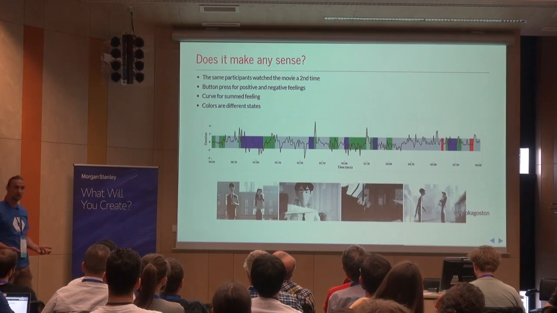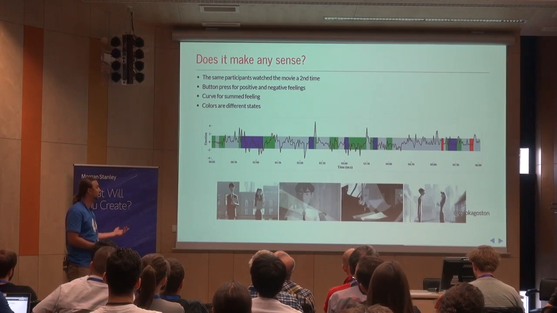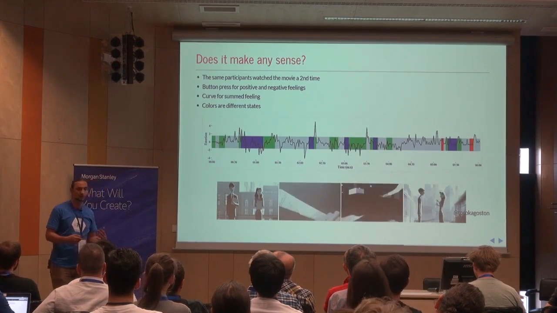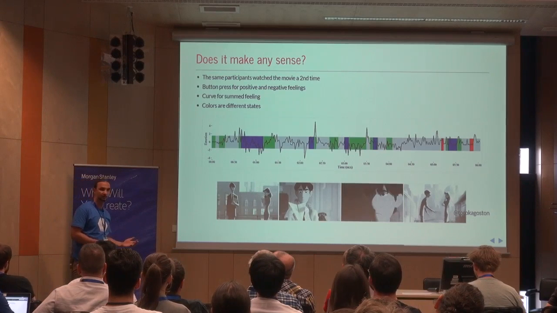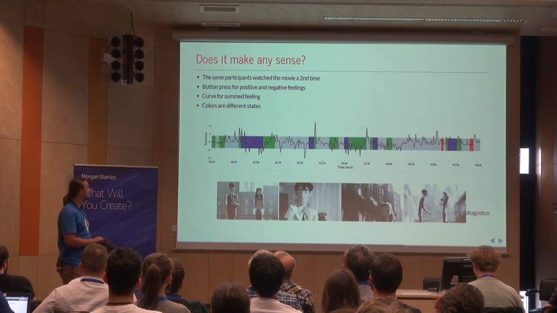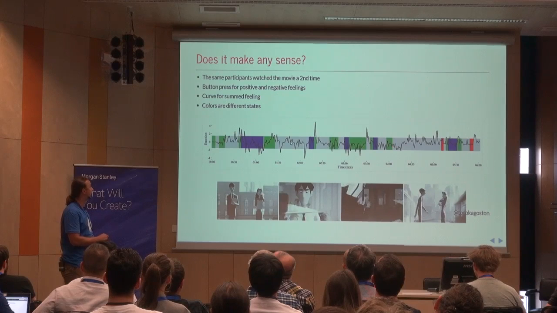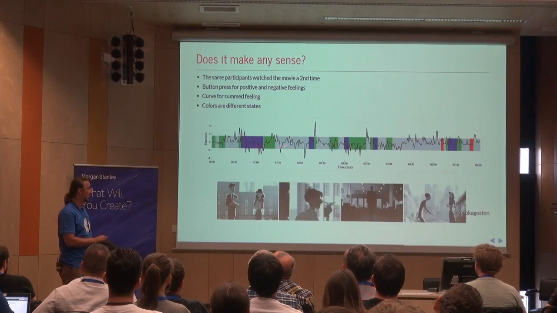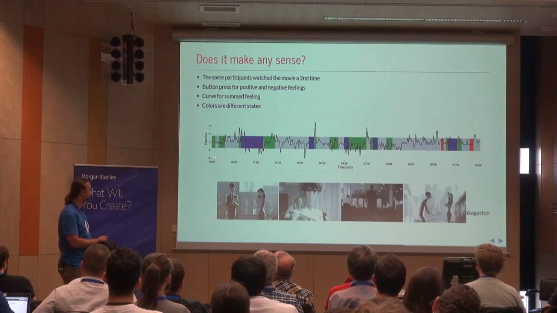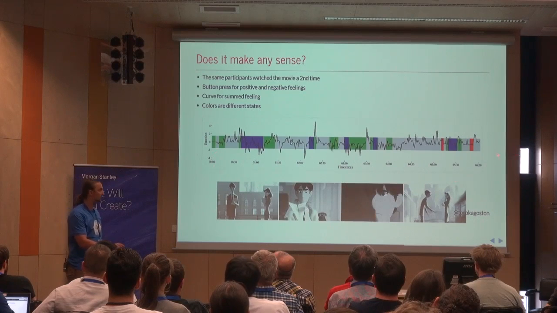We have a behavioral correlate because the same people watch this movie a second time. This time we ask them to do button presses to signal if they feel something positive or something negative. You can see that this curve is the summed feeling, and the colors denote the different states. And there are certain sketches of the timeline, and this is the 6-minute long video.